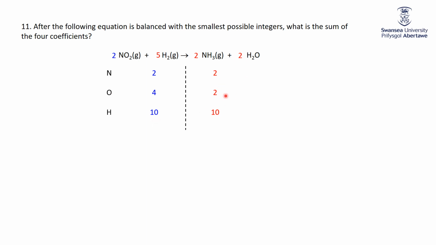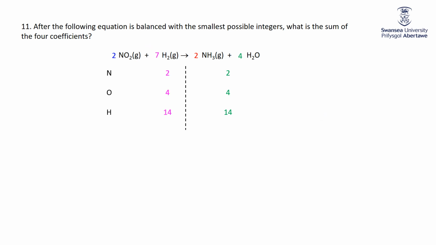So the only thing extra we need is another couple of oxygens on the right-hand side. So we'll turn that 2 H2Os into 4. Now 2, 4, 14. So you'd say, well, hang on, we've messed up the hydrogens. That's okay. It's easy to get more hydrogens on the left-hand side. We just have to turn that 5 into 7 to give us 14 in total.